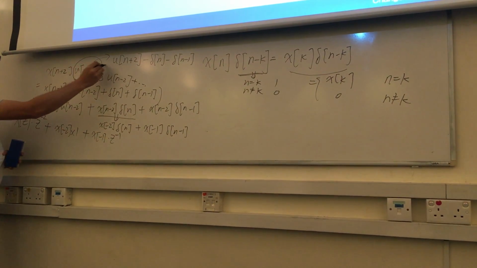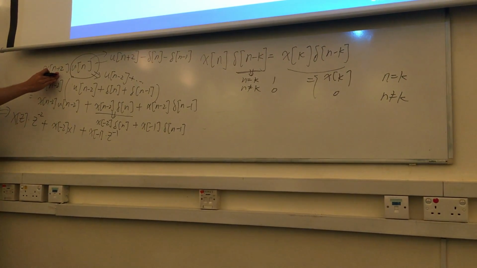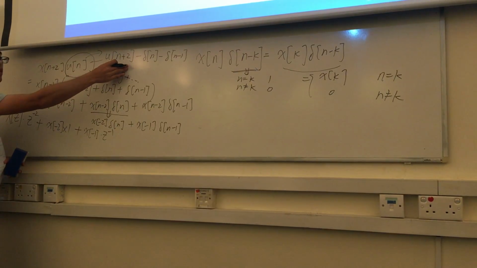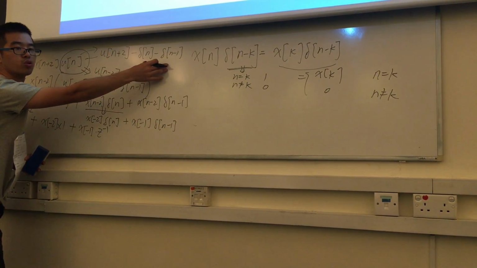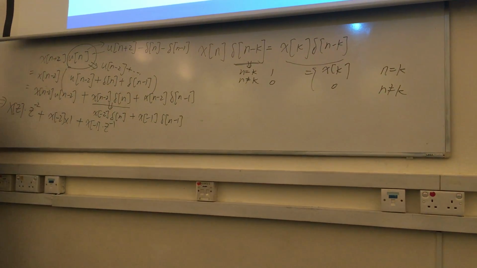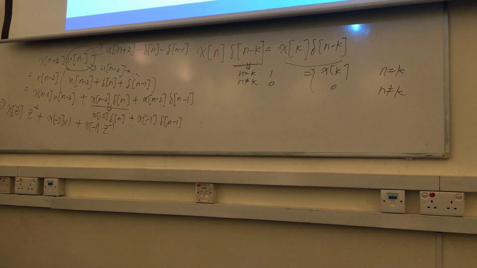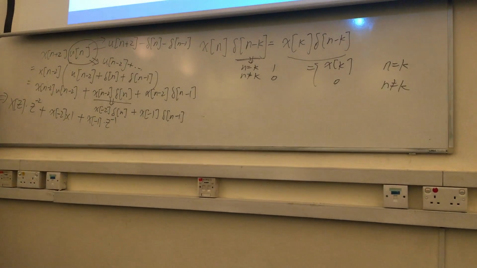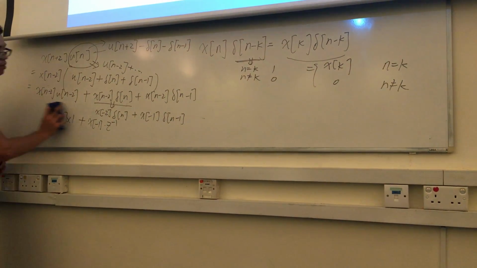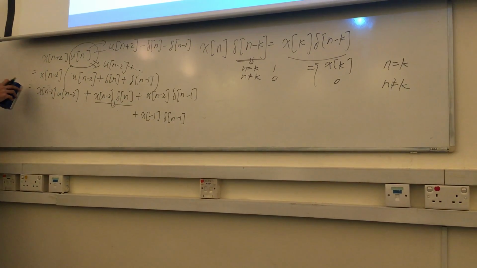If it is plus 2, because you want to have this component, this one should be equal to this one minus this 2, right? So this method you need to remember. Any problem about this one?